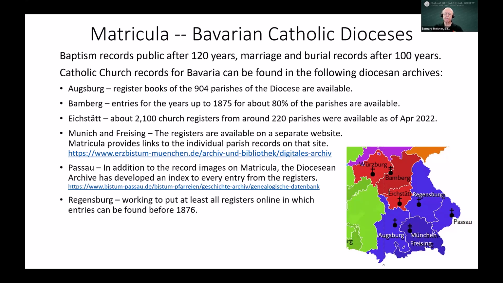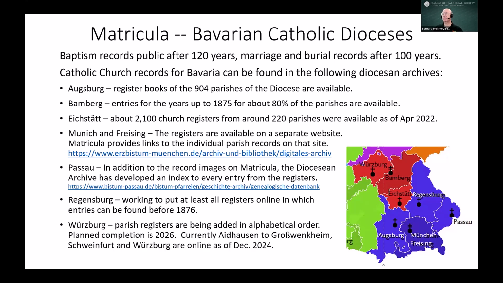Regensburg is working to put all the registers online, at least up to 1876. And there's Würzburg, for my Büsselsheim. Up to this point, I've had to hire somebody to go to the archive and get the records for me.